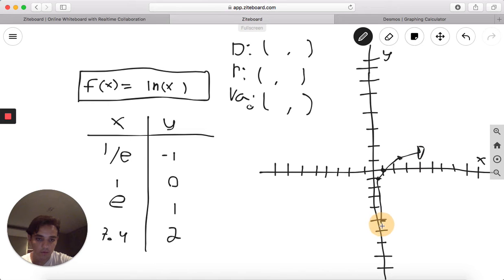So I'm going to explain some things about the key features. First of all, the domain. To keep it simple, I'm going to start by saying the vertical asymptote, which in this case is x equals 0, because here we can see that the graph will never go over, x will never equal a negative number.